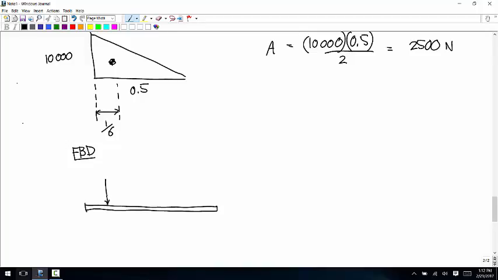Okay, so we have a downward force from the distributed load of 2,500, and this distance is 1/6. And then we have the force from the roller, I'll call that RA, that's up. And then at the pin joint, we have an unknown force vector, I'll call that the vector RB.